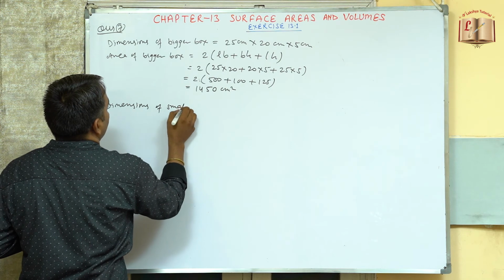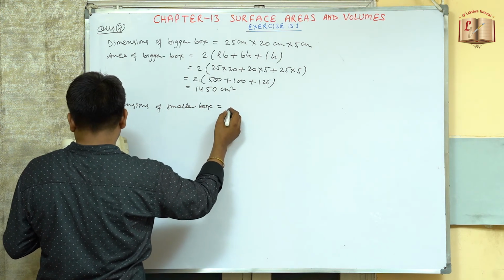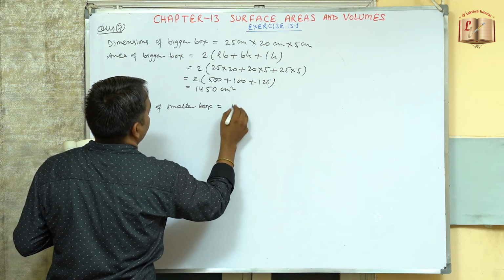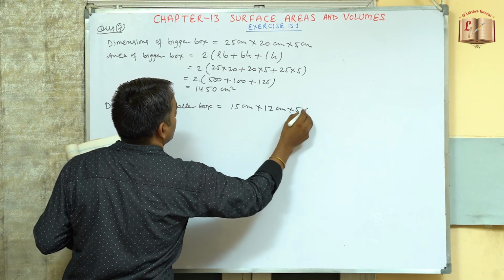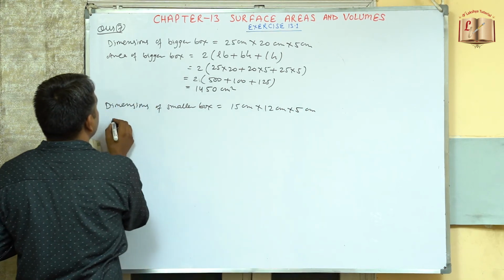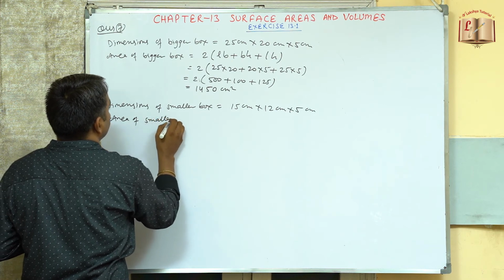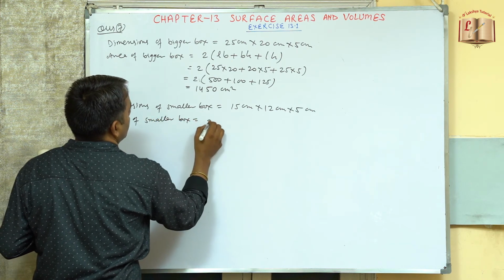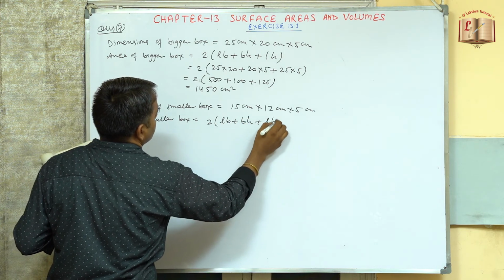Now the dimensions of the smaller box. This is given as 15 centimeter into 12 centimeter into 5 centimeter. So now area of the smaller box is again equals to 2 times LB plus BH plus LH.